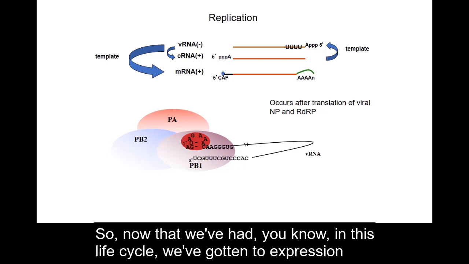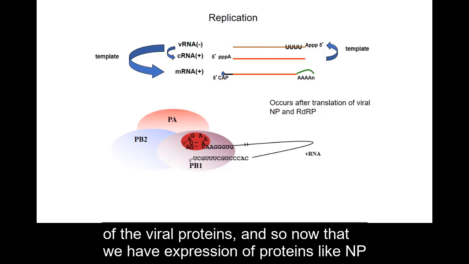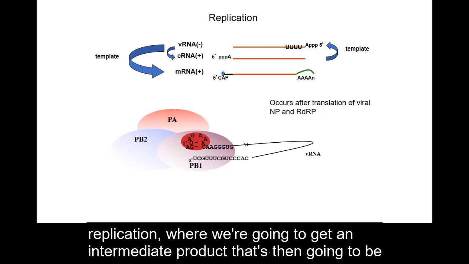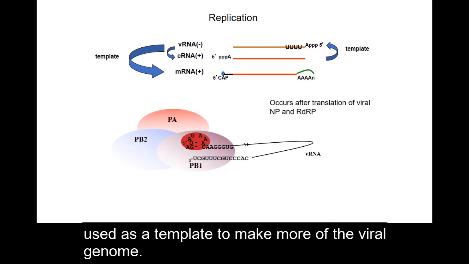So now that we've gotten, in this life cycle, to expression of the viral proteins, and we have expression of proteins like NP and the RNA-dependent RNA polymerase, there's a switch from gene expression to replication, where we're going to get an intermediate product that's then going to be used as a template to make more of the viral genome.